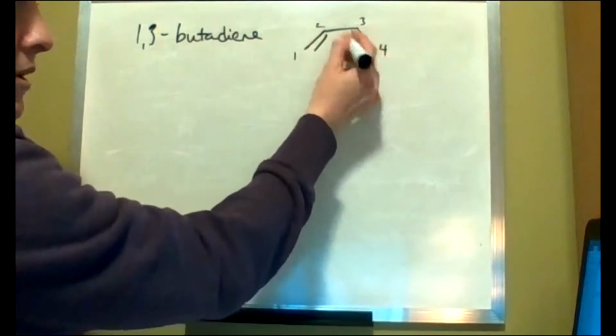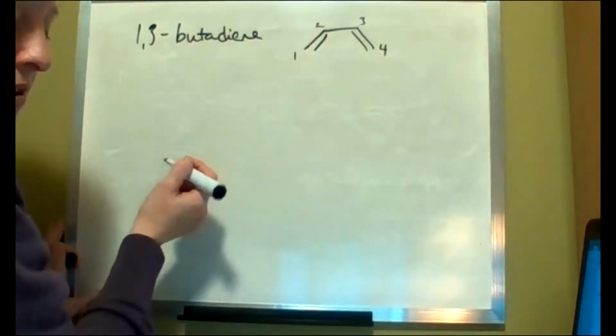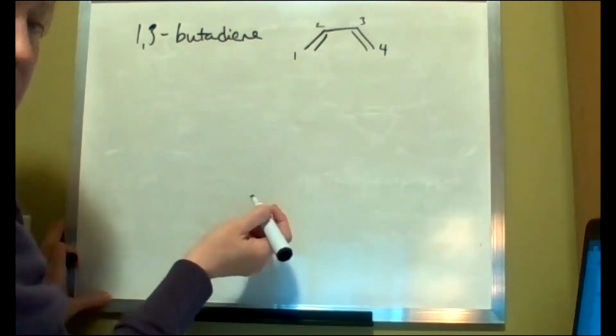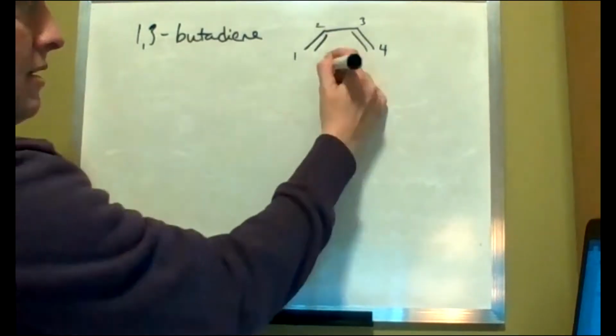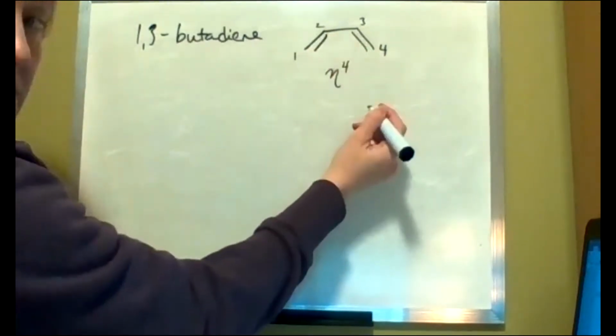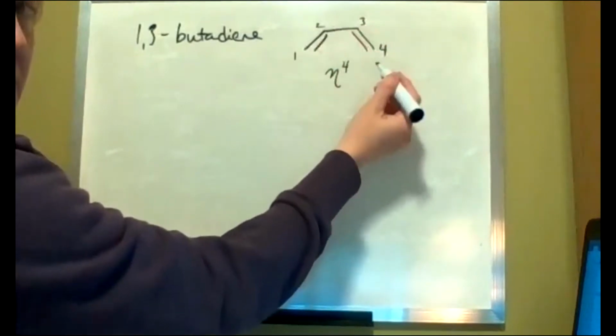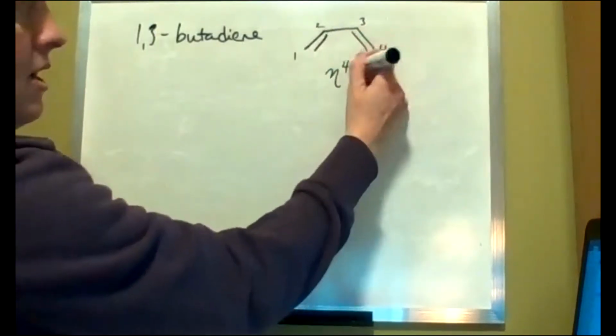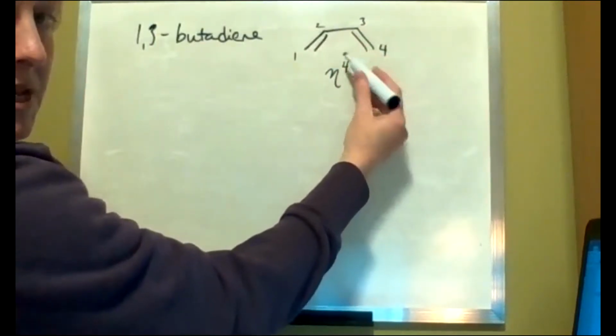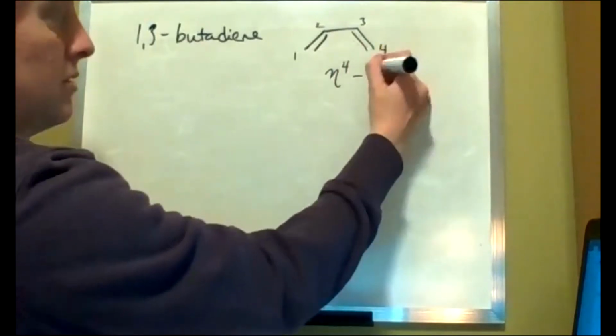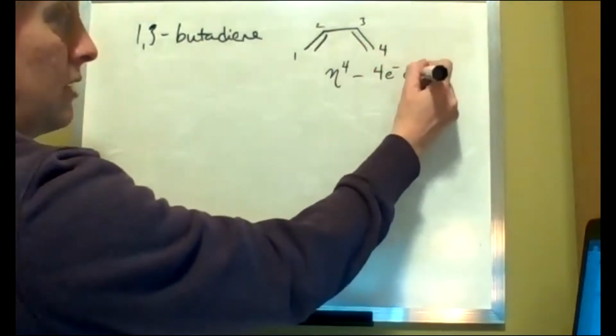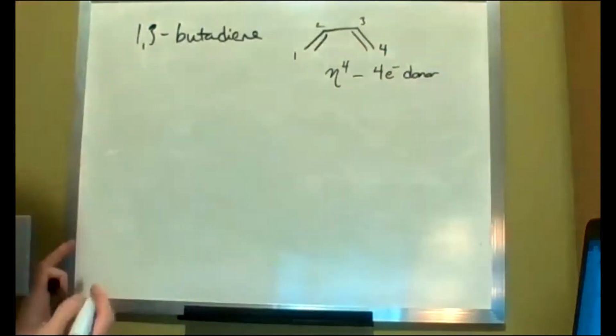So you have really 2 double bonds that can be donated to a metal center. This could be more common, eta-4, so all 4 carbons contributing to the bonding situation. The number of electrons is 2 per pi bond, so you're talking about a 4-electron donor max.